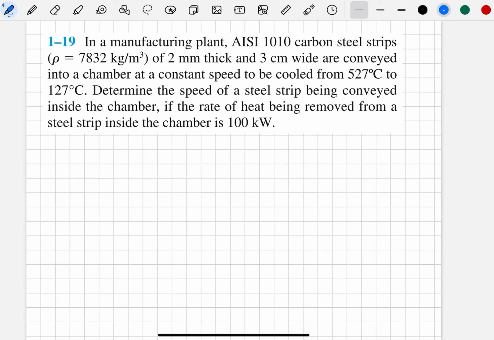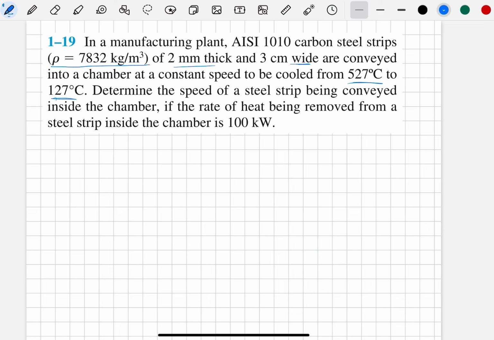All right, so let's work this problem out. We're given this type of carbon steel, and they give us the density, the thickness, and how wide it is, and they also give us temperatures.